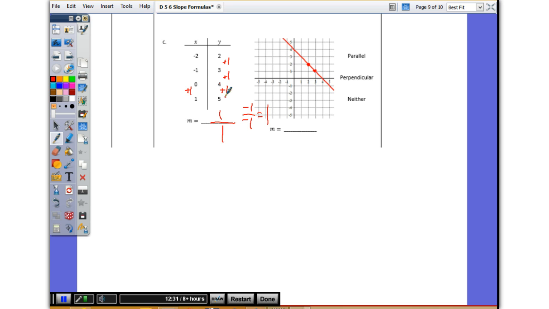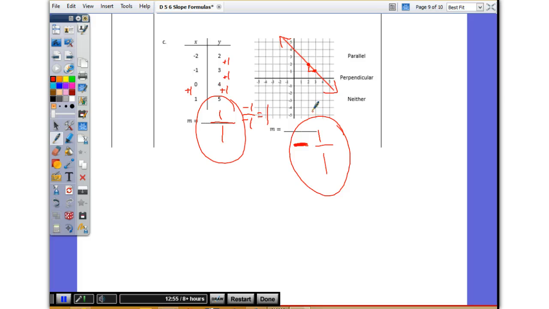All right, how about over here now? First of all, look at this graph. What direction is it going? It is going in a negative direction. So it's a negative, and we went left 1, up 1. So it's a negative 1/1. So we have a positive 1 and a negative 1.